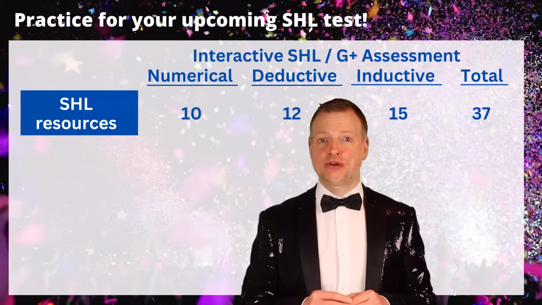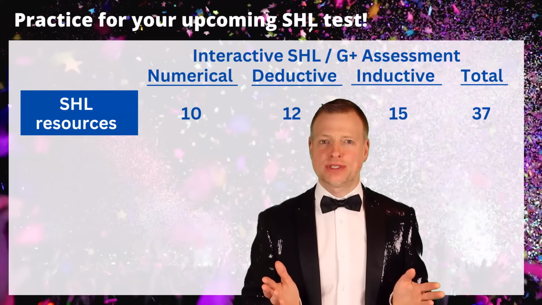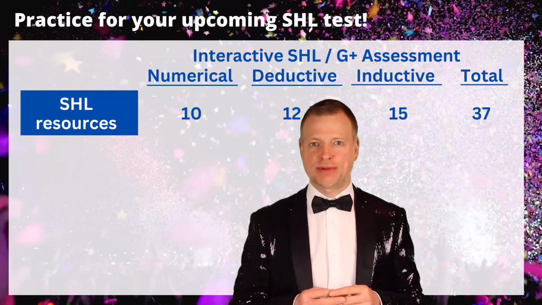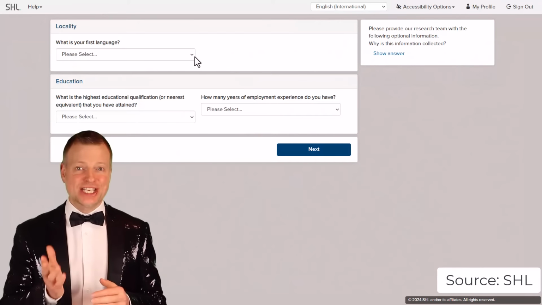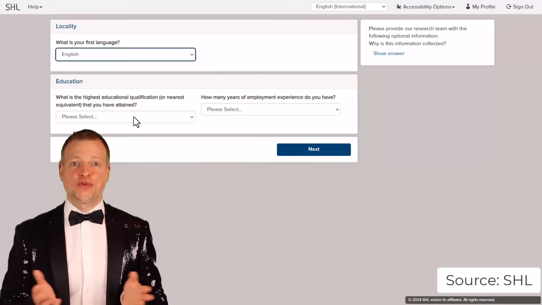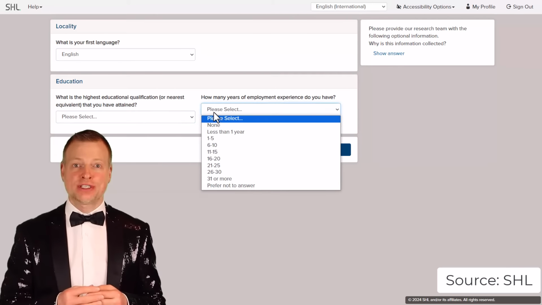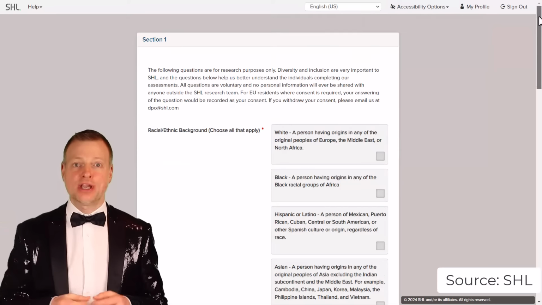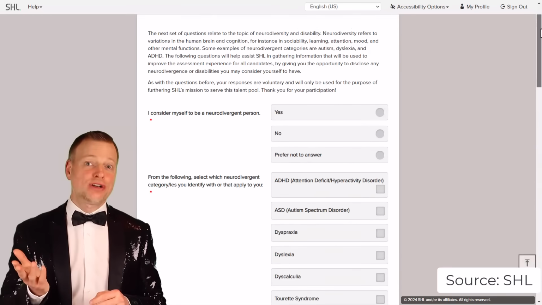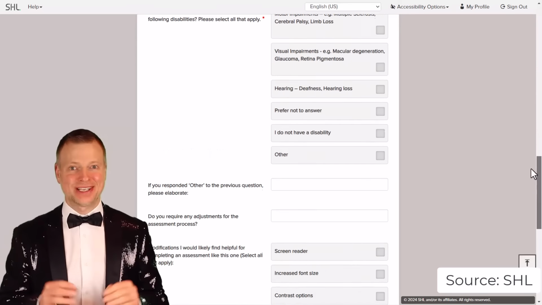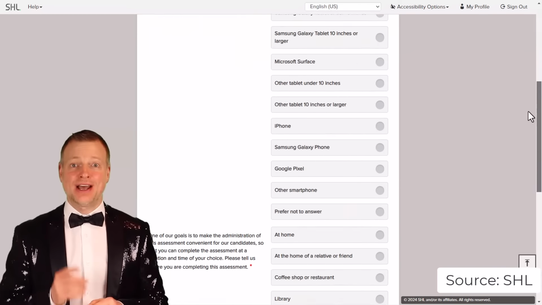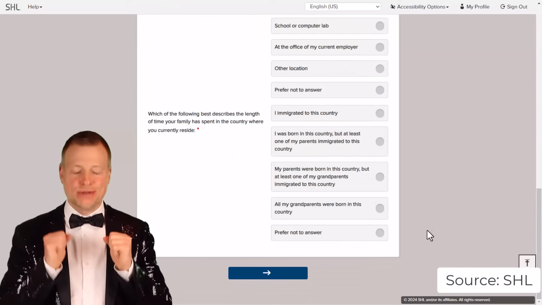After creating an account with SHL, I probably would use an email address that is different from those in your applications. Be aware that each time you want to do a mock test, you have to click through the same myriad of questions on your educational background, your ethnic background, your neurological diseases, I'm not joking, and your technical setup. I found this very dull, so be strong.